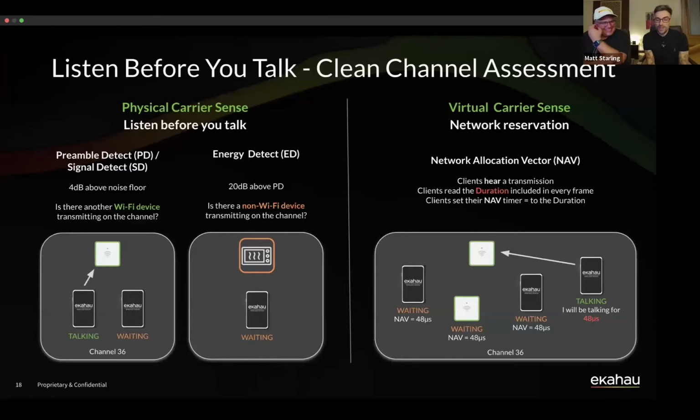But the device basically informs everybody, hey, I'm going to be talking for this period of time. Everyone goes, okay Matt, I know how long you're going to be talking for. I can just pause for a bit, wait for you to be finished, and then I will continue to try and access the medium.